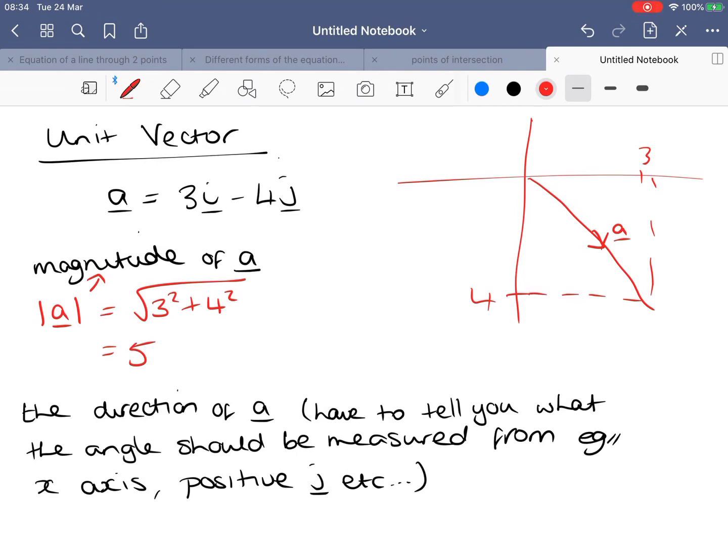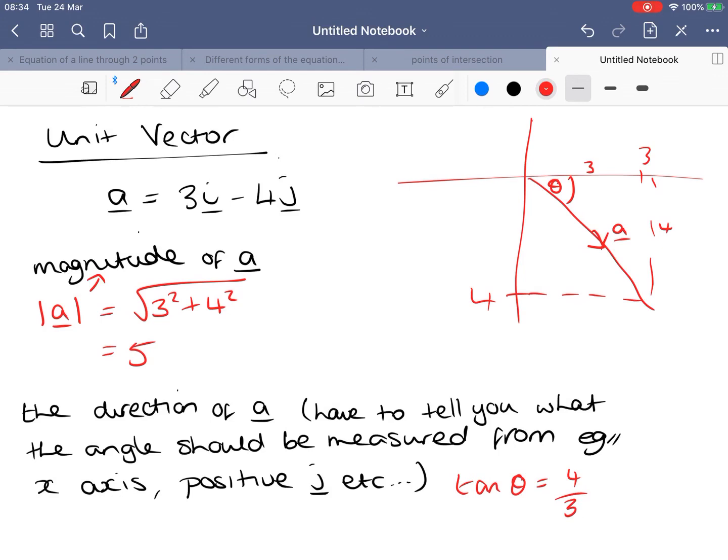The other thing they can do is they can ask you for the direction, but if they ask you the direction, they have to tell you relative to what. So they might say, measure the direction of A compared to the x-axis or compared to positive j or something. So in this case, we'll do it compared to the x-axis, so I want that angle there. I know that's a 4 and that's a 3, so I can just say tan theta equals 4 over 3 and just find the angle.